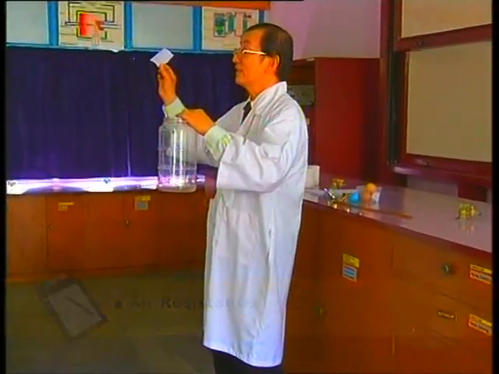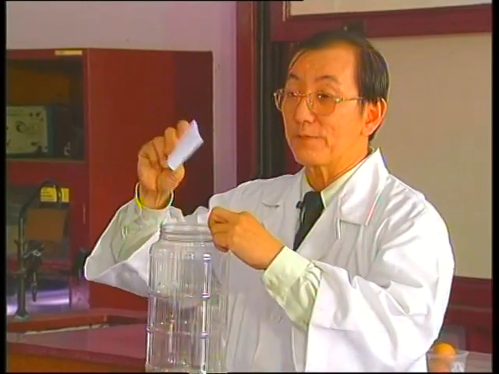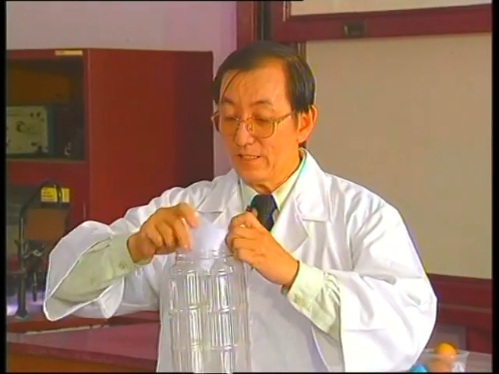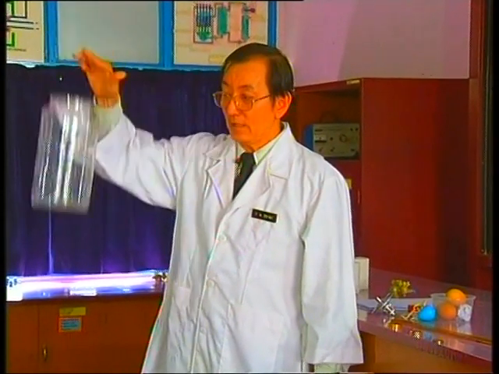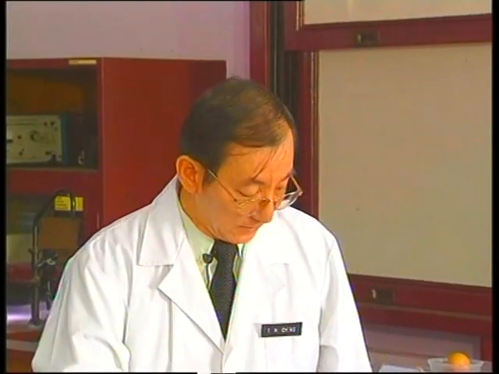Let's see if we reduce the air resistance on the paper and do the experiment. Just see. This time, do the two objects, the paper and the container, fall at the same time? Yes. So it is not due to the weight.